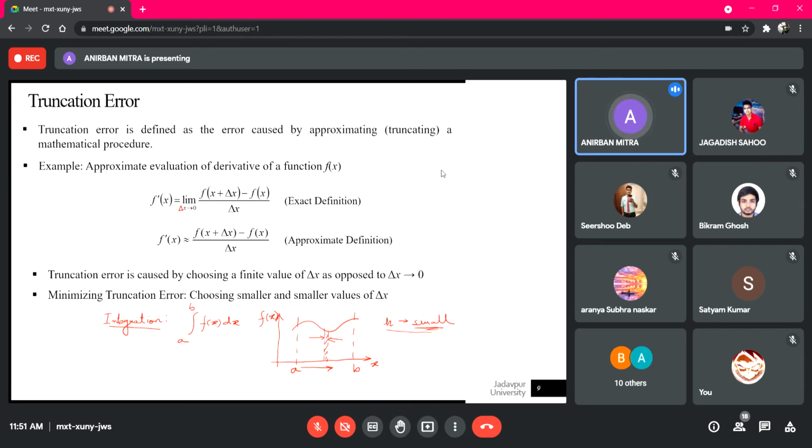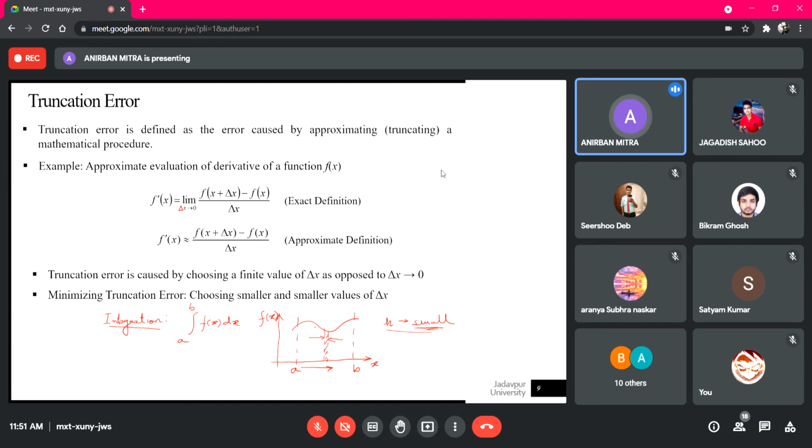In this case, how would you increase the accuracy? How would you reduce truncation error? You go for smaller h. That means the number of rectangles in between these two intervals, a and b, would increase.